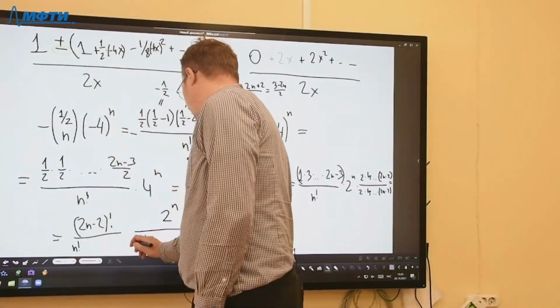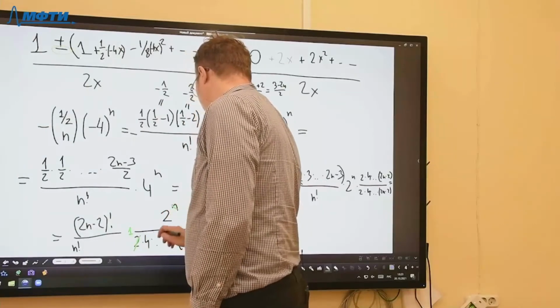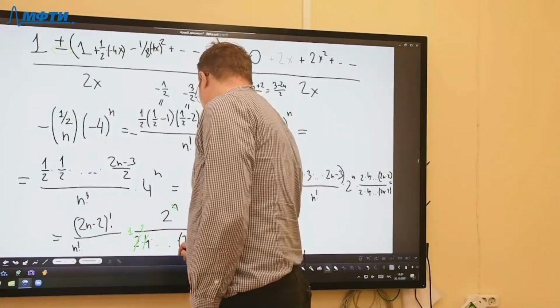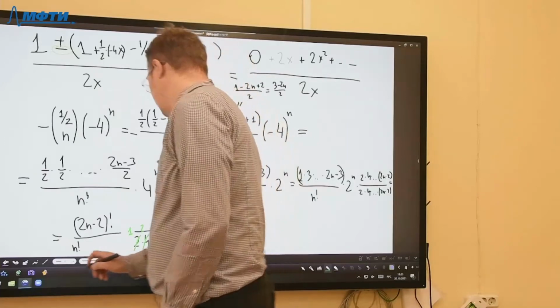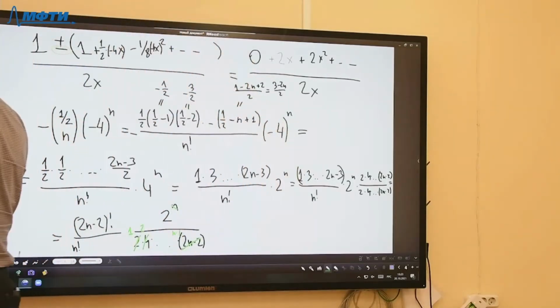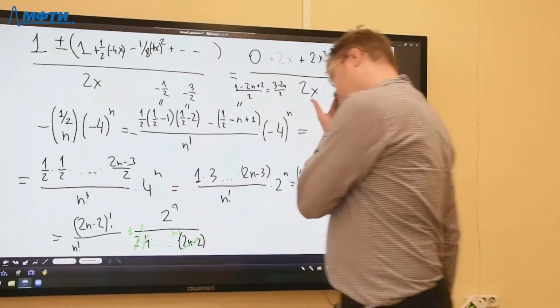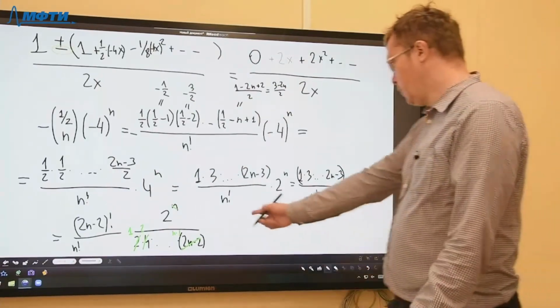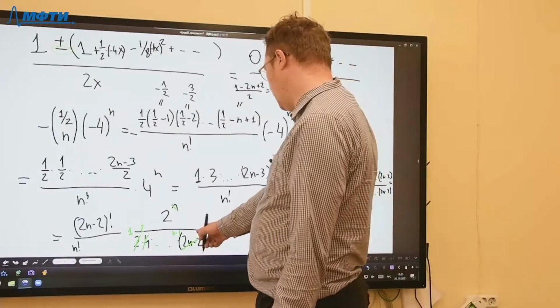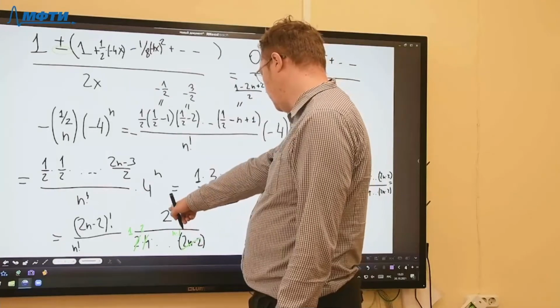So we have here 1, here 2, and here n minus 1. So we have n minus 1 factorial, and 2 in the upper hand side.